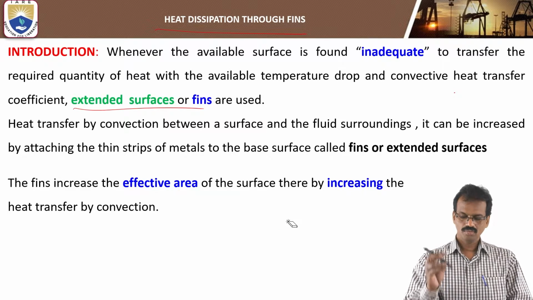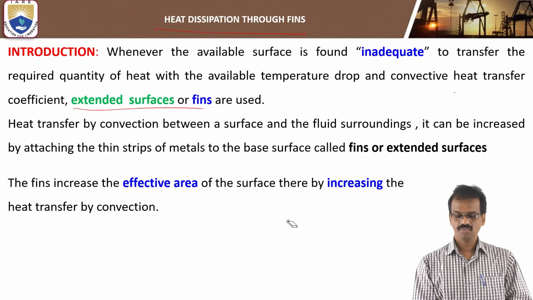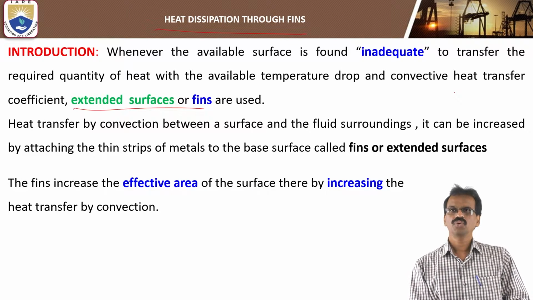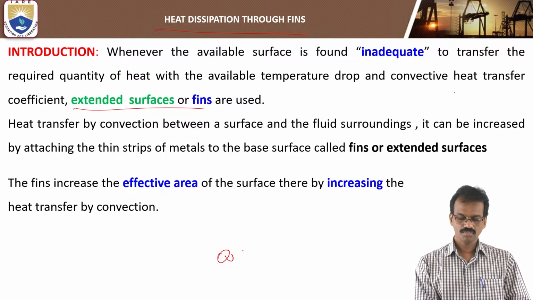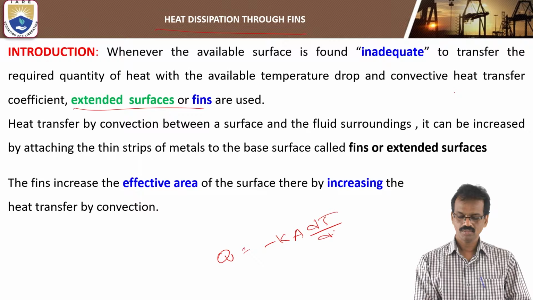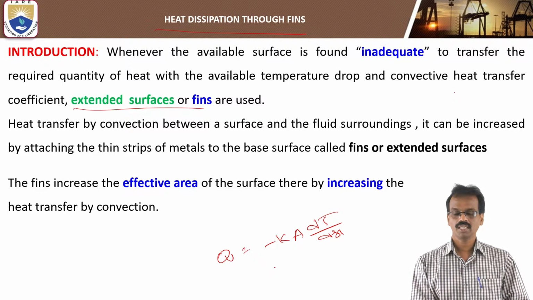Okay, we know that according to Fourier's law, Q is equal to minus KA dT by dx. By using this, we already derived the rate of heat transfer in the slab.